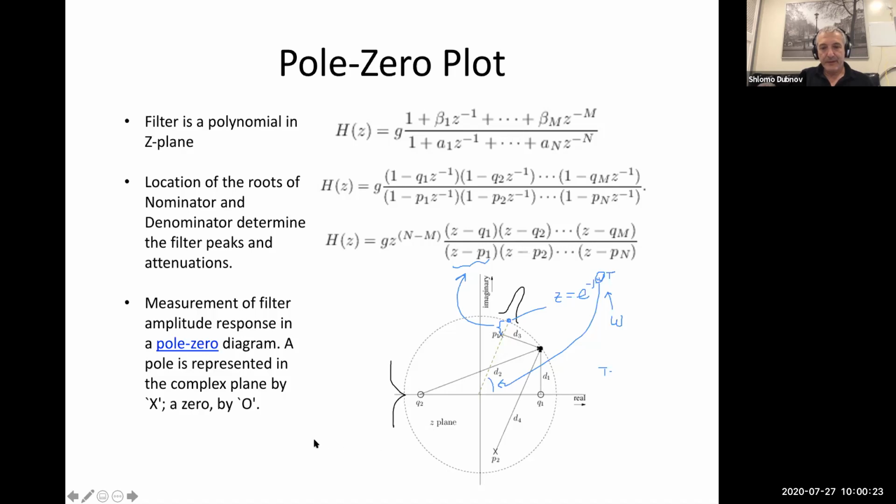So we have our T, which is 1 over the sampling frequency, right? And then if we want to think about omega as a frequency, which is 2 pi f, what we get is that this angle becomes just the fraction of f over fs times 2 pi, right?